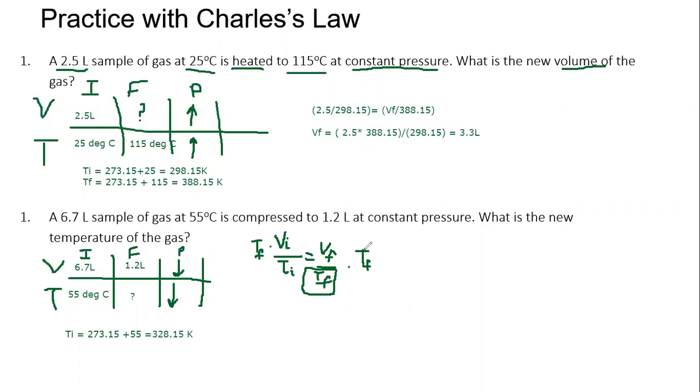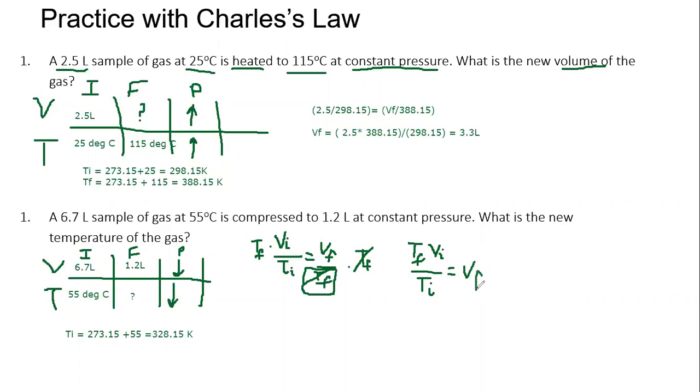So when you multiply both sides by T final, these two T finals cancel and we get T final times V initial over T initial equals V final.